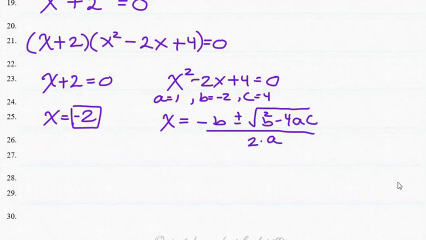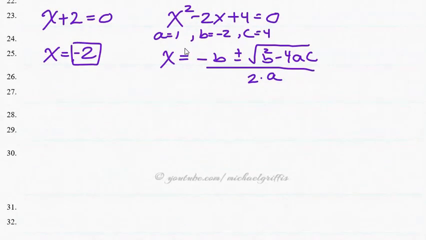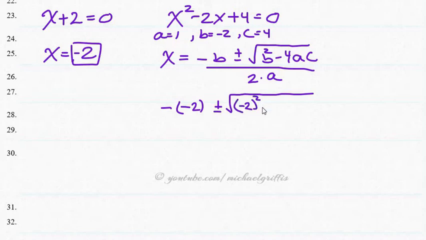There's a negative out front, so don't forget that. So we have -(-2) plus or minus the square root of (-2) squared minus 4 times 1 times 4, all over 2 times 1.